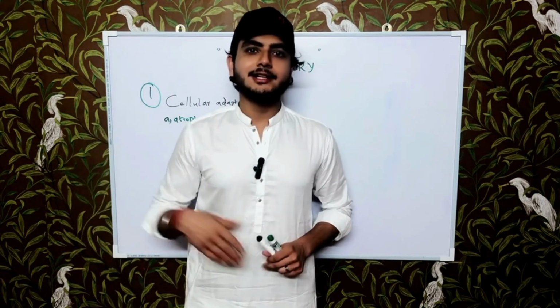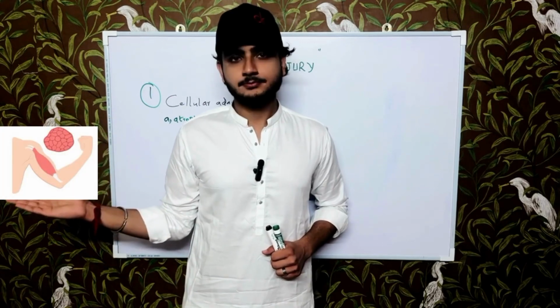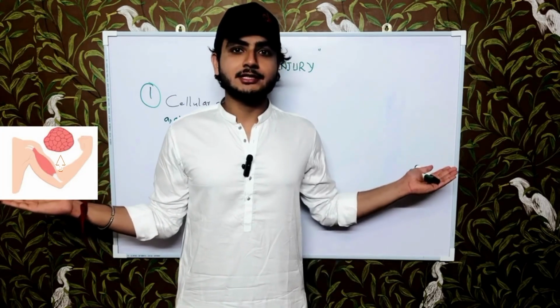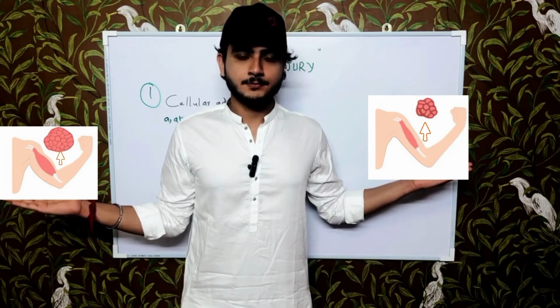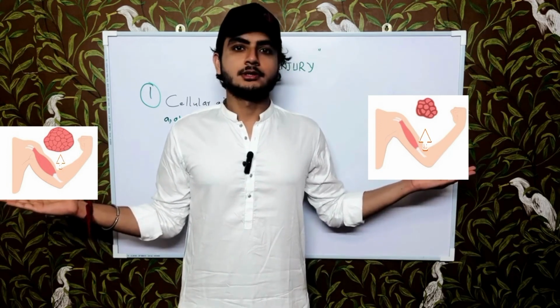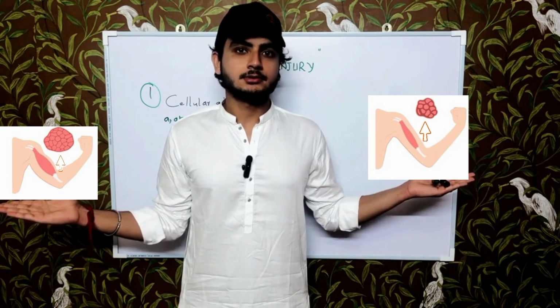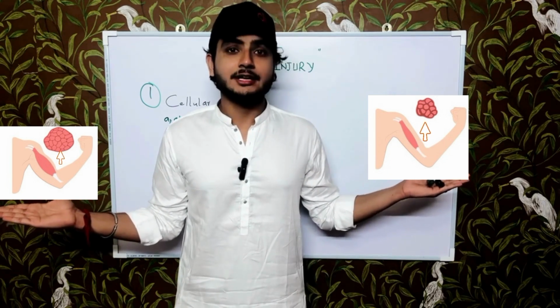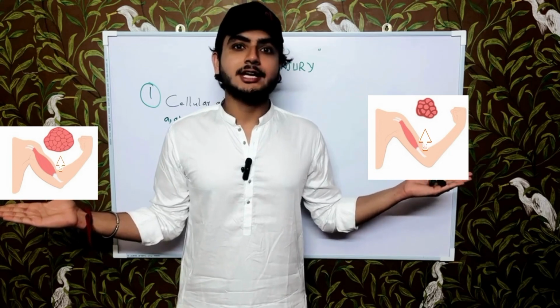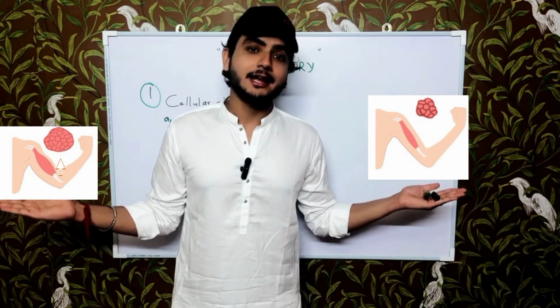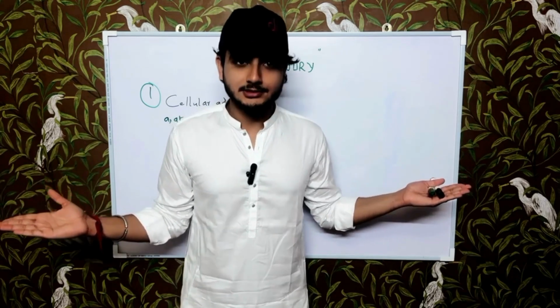You can clearly see that this is the normal tissue and this is the tissue which has undergone atrophy. In the atrophied tissue, the cellular number as well as cellular size has decreased. Therefore, the tissue size also decreased and tissue mass is also decreased.